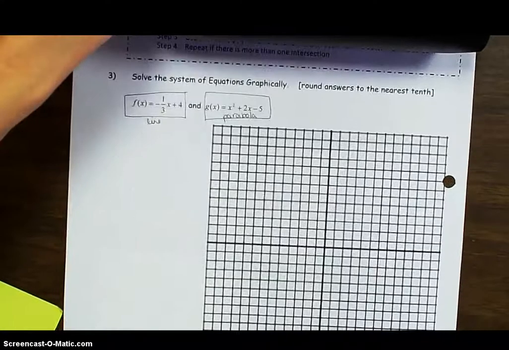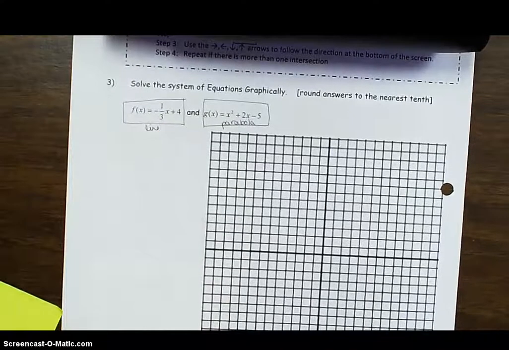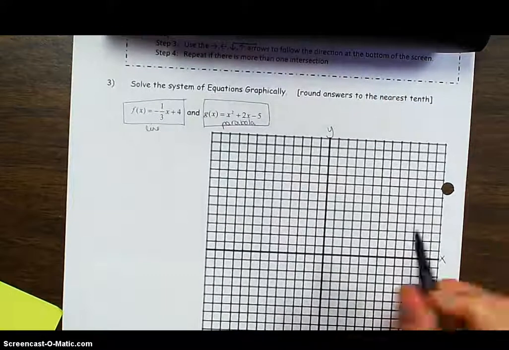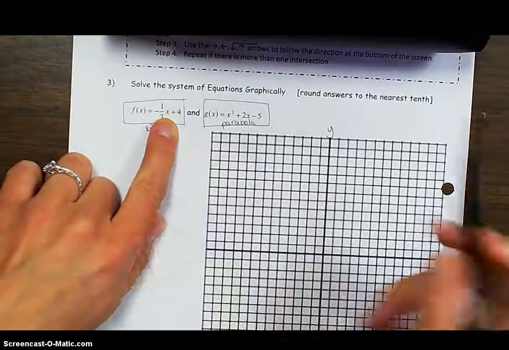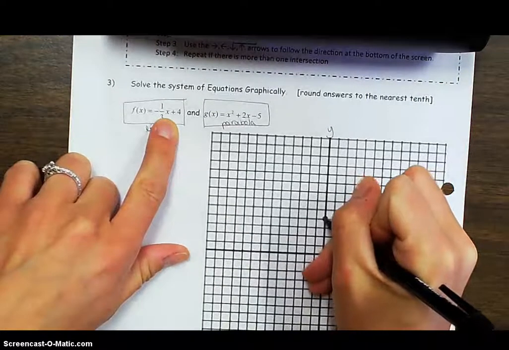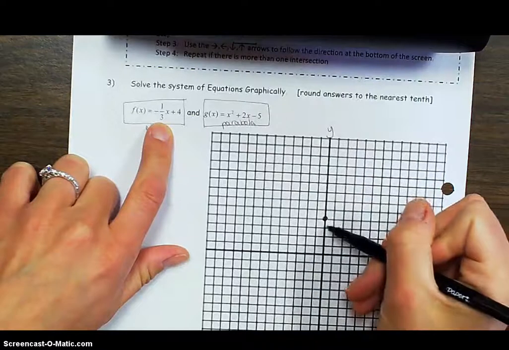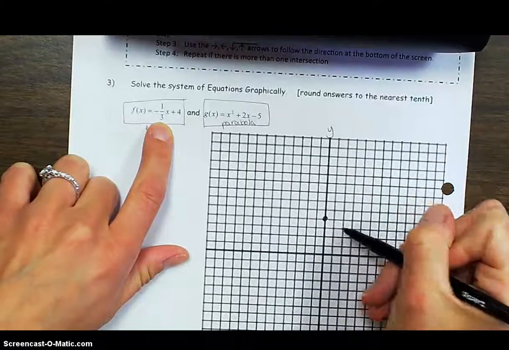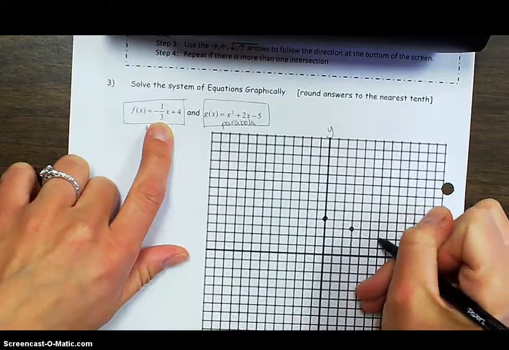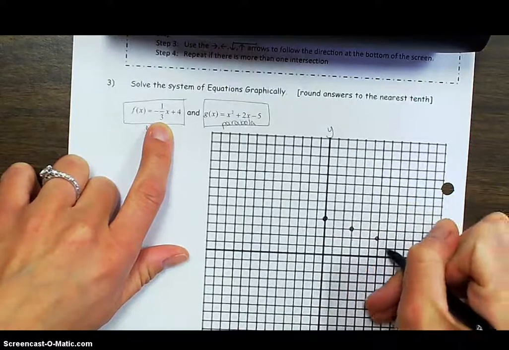So let's go ahead and practice graphing our line. So here is my y-axis and my x-axis. The first thing we're going to do with our line is we're going to start at positive 4. 1, 2, 3, 4. And now I have to use a slope of negative 1 and to the right 3. Down 1 to the right 3. Down 1 to the right, 1, 2, 3.